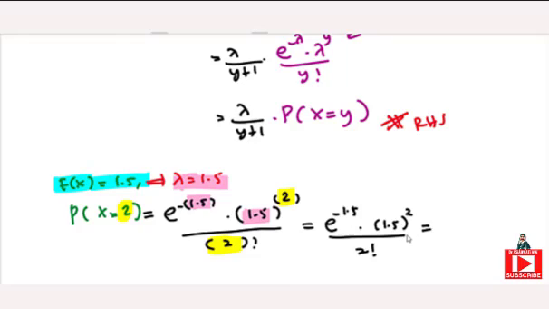Using the calculator, find the value. The answer is 0.251. Okay, and then check the answer. So this is the answer. Done for number 10.